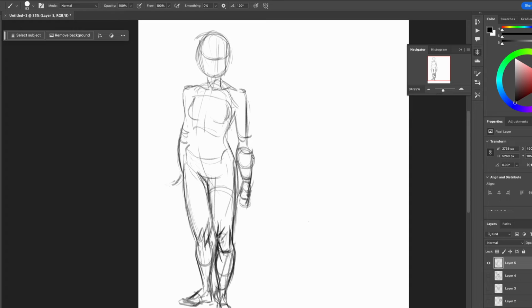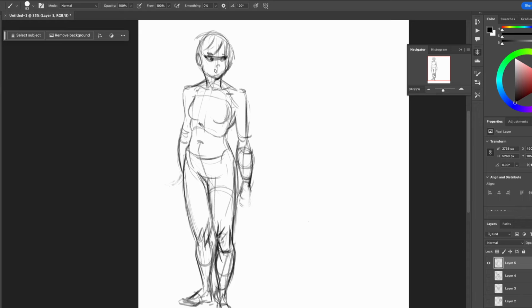For an anime character, they might be standing as much as 5.5 or 6 heads high, but parts of the body are going to be measured out a lot differently.